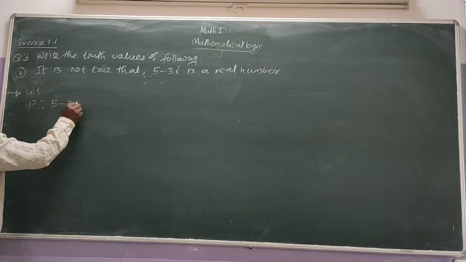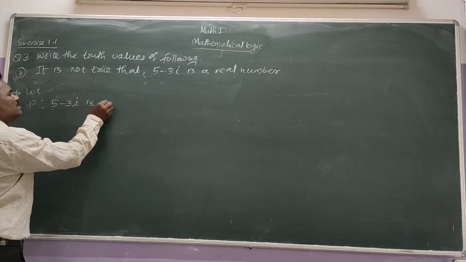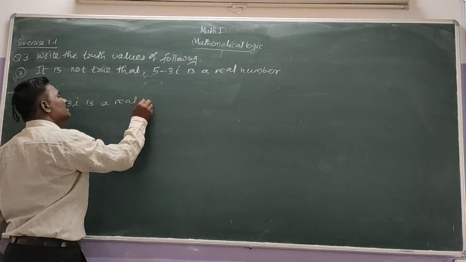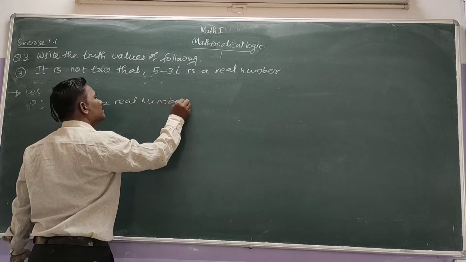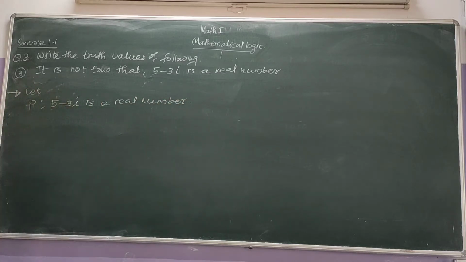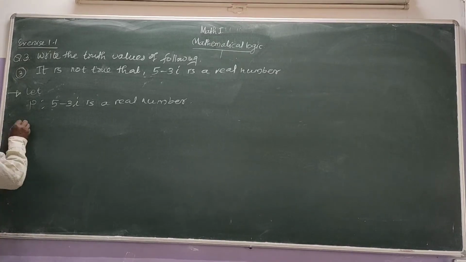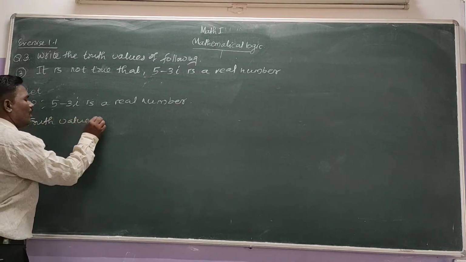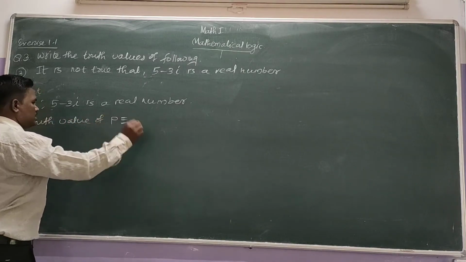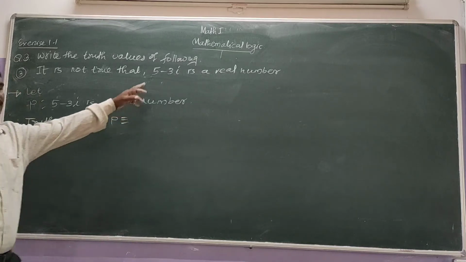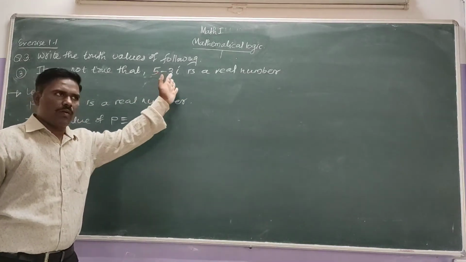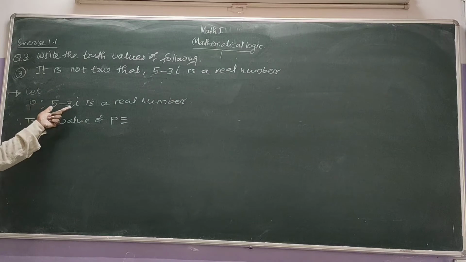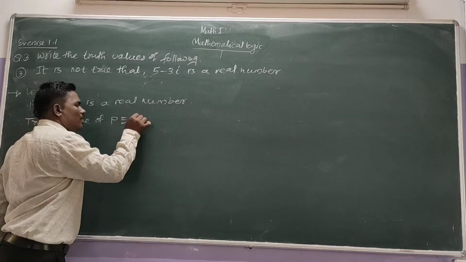p: 5 minus 3i is a real number. Therefore, I can write firstly its truth value. Truth value of p is: 5 minus 3i is not a real number, that is a complex number. Therefore, the truth value of p is false.